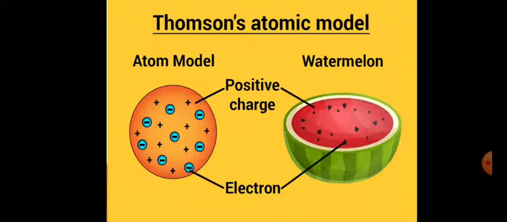So positive charges are everywhere inside the atom and electrons are randomly placed inside that positive cloud. This is the atomic model proposed by J.J. Thomson.